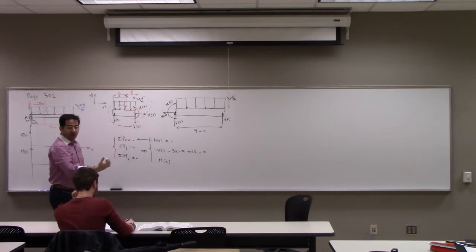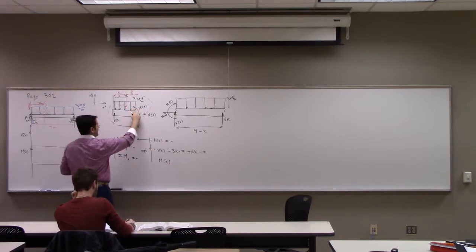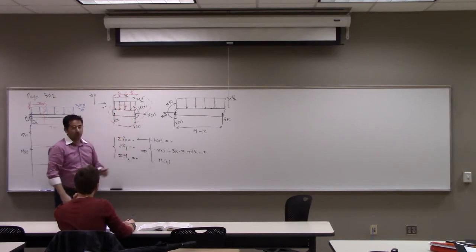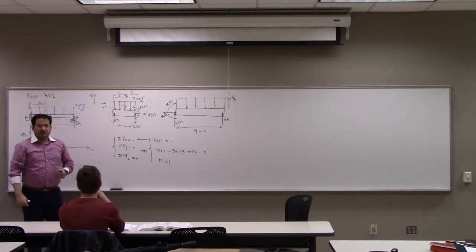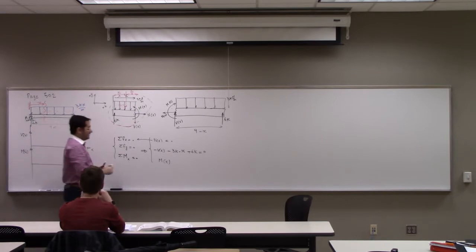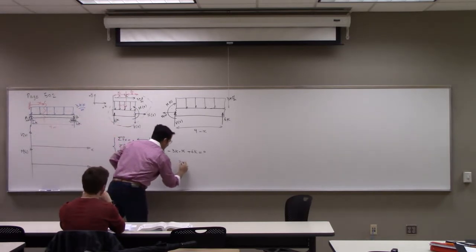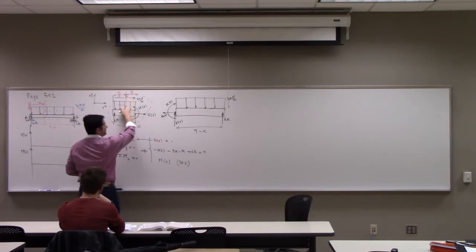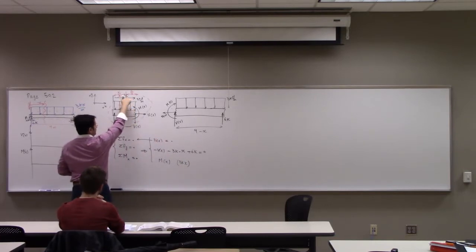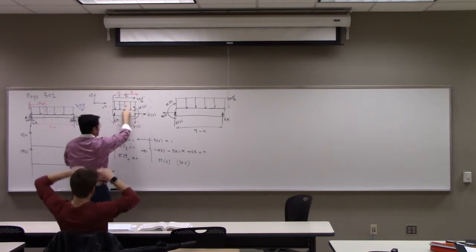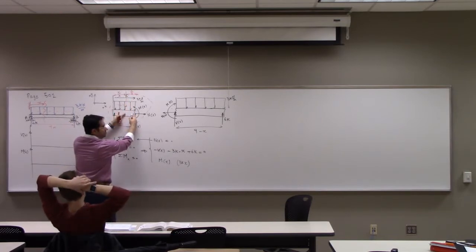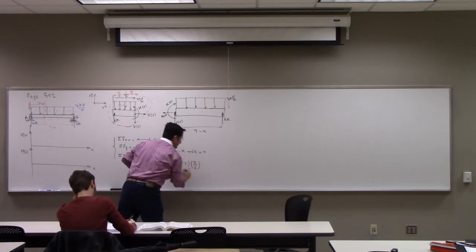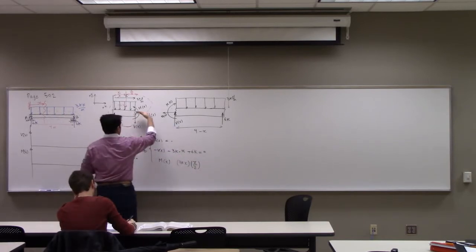Now you go and add the moment of this single load. What should I add? Plus 3K times x, this is the value of the force, times the moment arm. You move it here, so the moment arm is from here to here, times x over 2. Positive or negative? Positive.